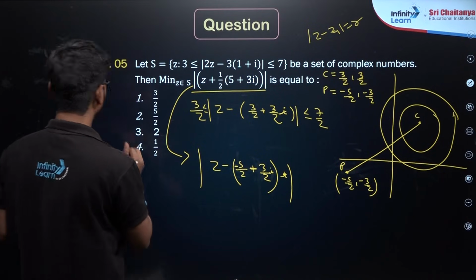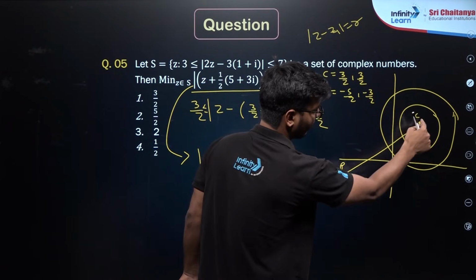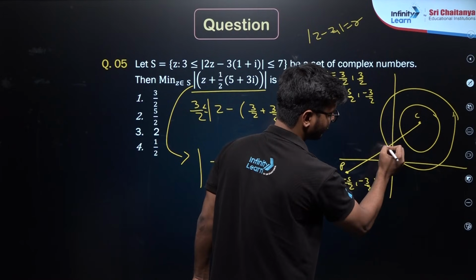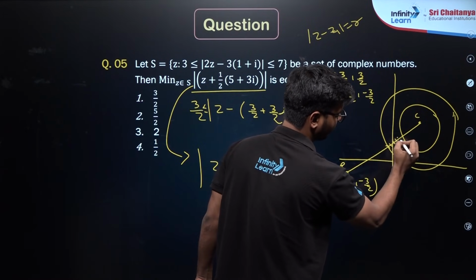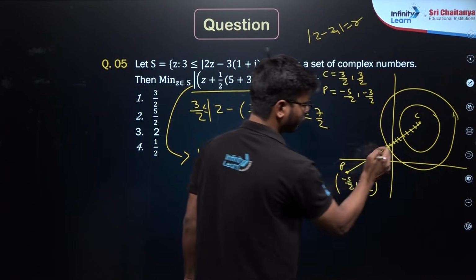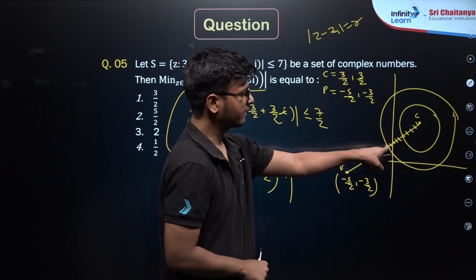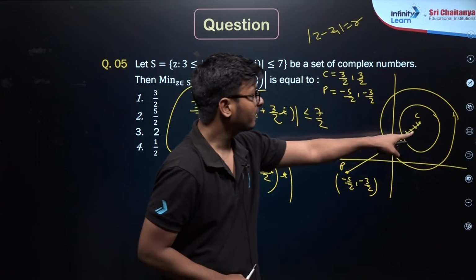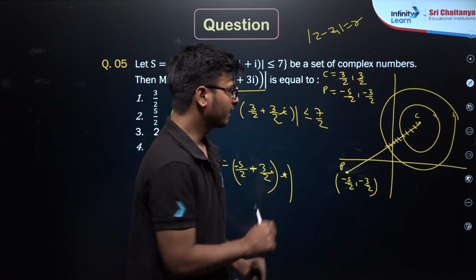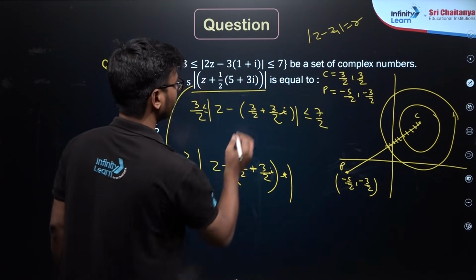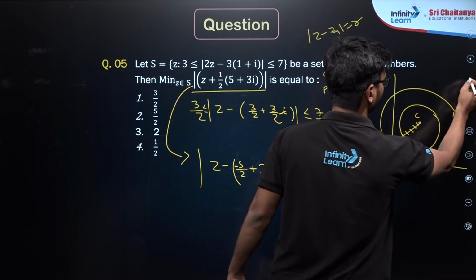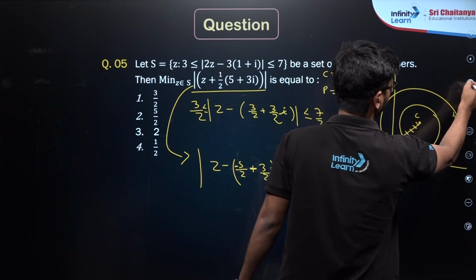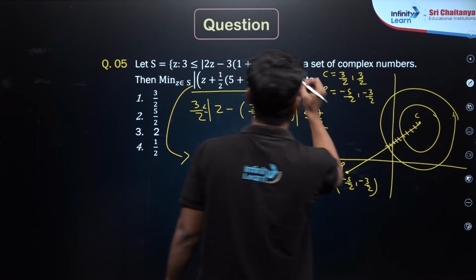If you observe, if I find the entire distance CP, and if I subtract this much part, this underlined part, okay, so I am going to get the minimum distance, the point z here. Correct? And what is this distance that we need to subtract? That is nothing but the radius of the outer circle. Correct? So let's find, first of all, the distance. So if I want to find the distance of CP, we are going to use the distance formula.